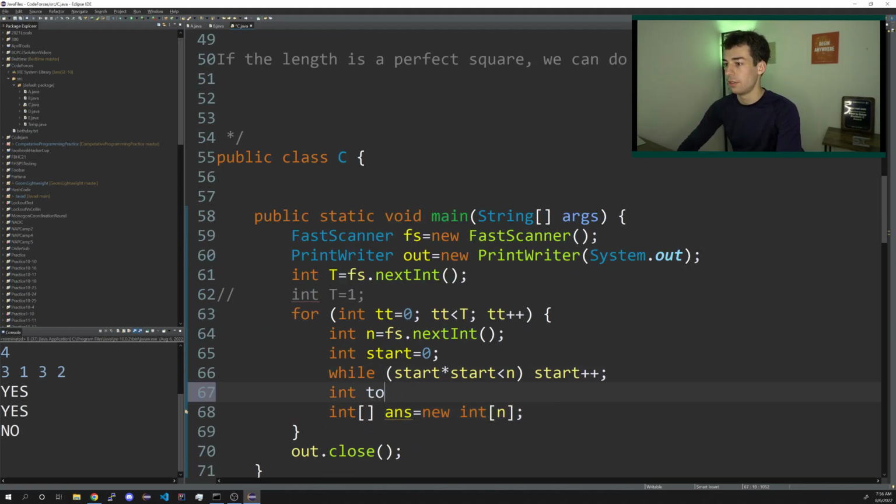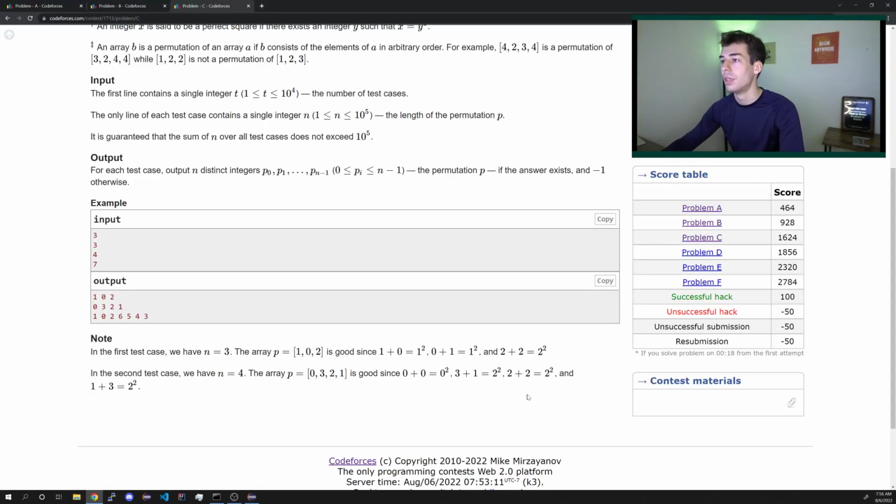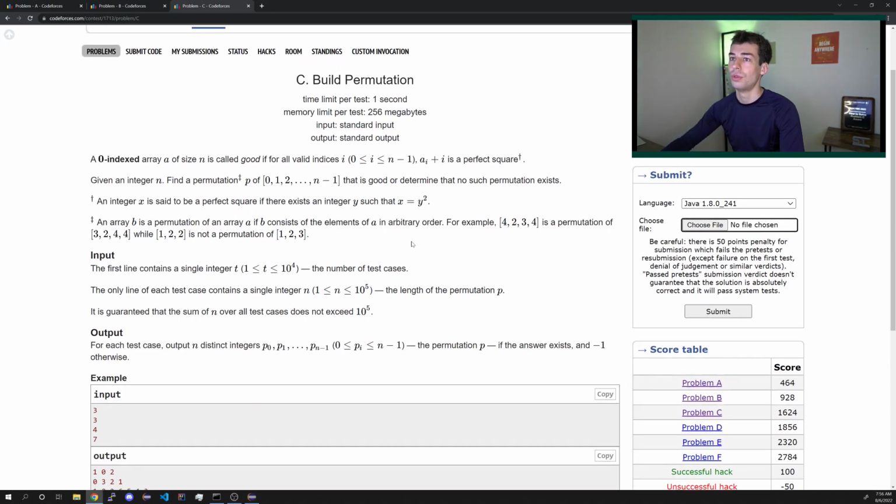And then int to place is n minus 1. I guess this is less than to place, right? You need to place 0 to 9. Ooh, is this true?